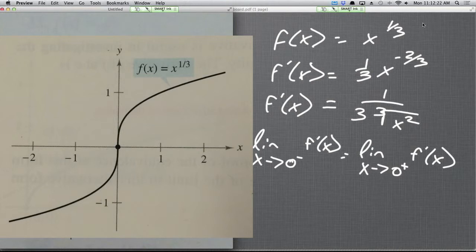What happens when I plug in? I get 0 on the bottom. So what does that mean I'm dealing with? I'm dealing with an asymptote, so my two options are infinity or negative infinity.